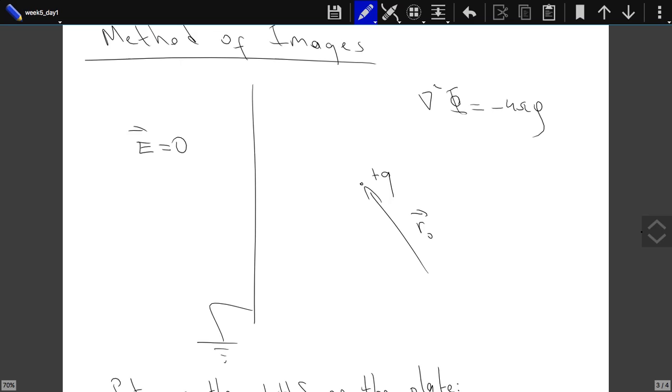And on the right-hand side, we said that, okay, instead of this problem, let's look at the problem in which we have this charge, and there is a corresponding image charge on the other side. Of course, there is no such charge, but it's just an image.